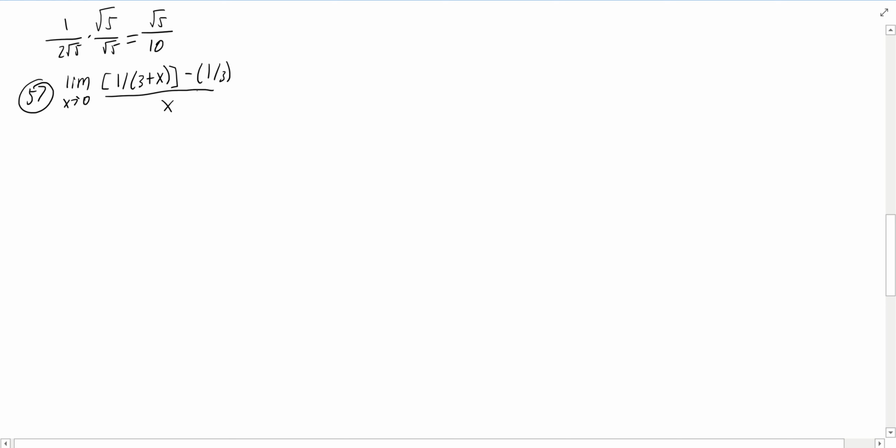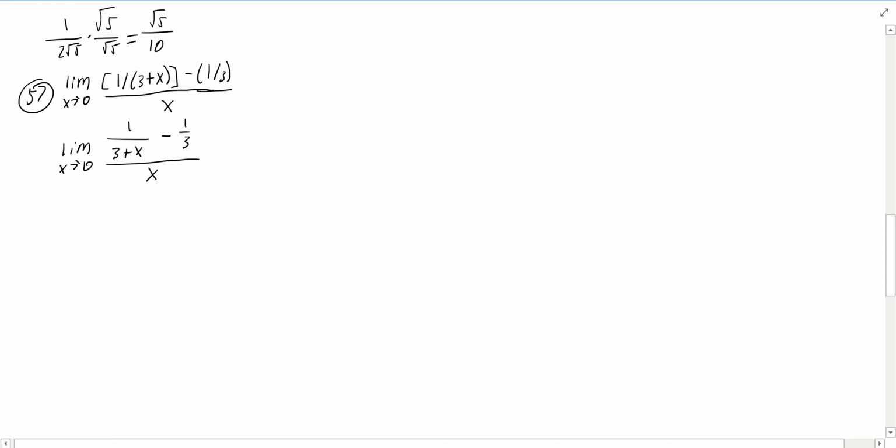Now, the first thing I want to point out is that if you have a problem like this, you've got to rewrite it. So this becomes the limit as x goes to 0 of 1 over 3 plus x, because we have parentheses here, which means this is all in the denominator, minus 1/3, and this is all over x.